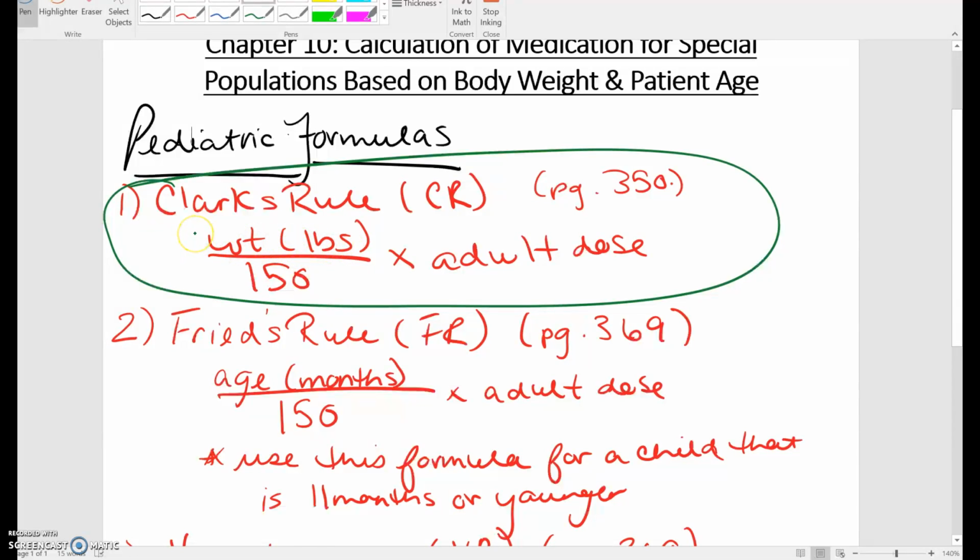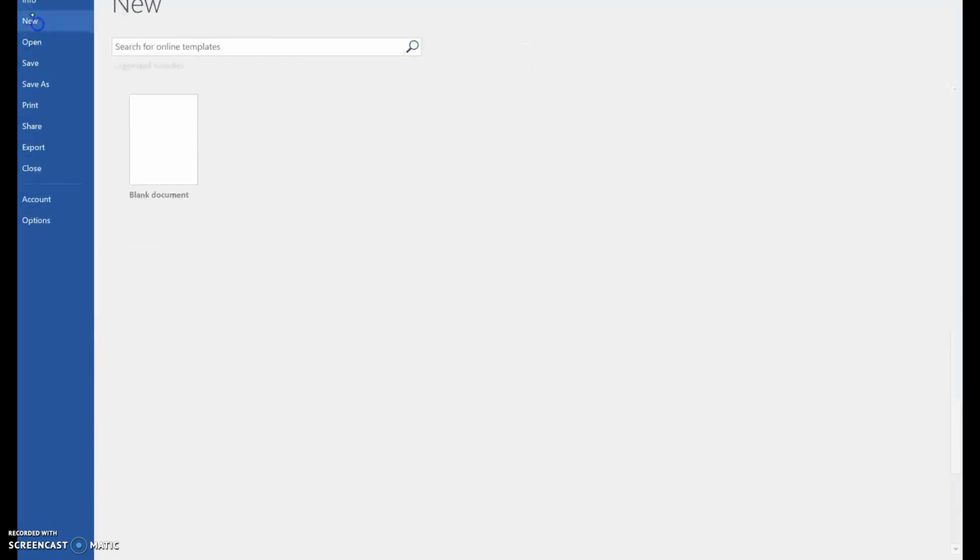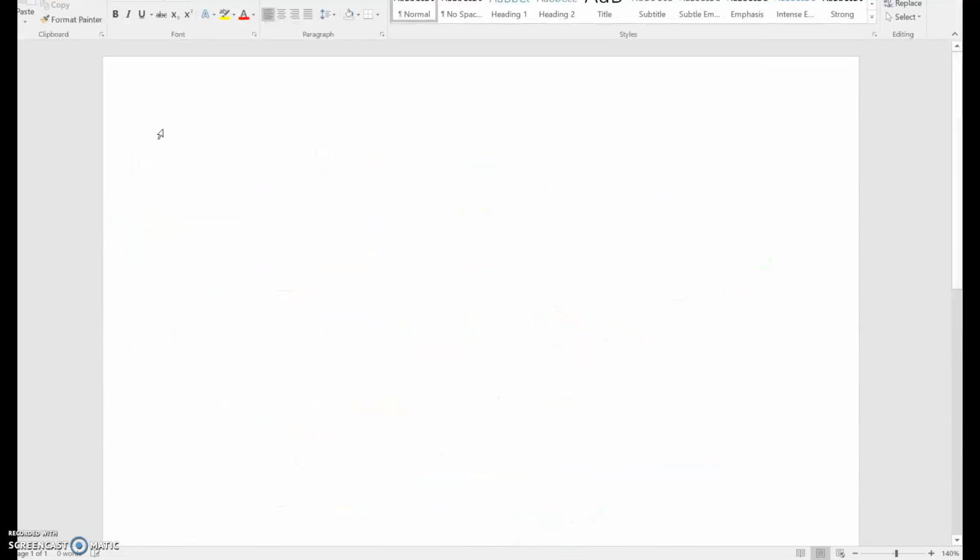The patient's weight is always, or I'm not going to say always, but it is very accurate when it comes to the 4 processes of breaking down medication. You guys have learned that in pharmacology. So out of these pediatric formulas, the Clark's rule is the most accurate. All right, I'm going to pull up another page here so you guys can see how we solve these.